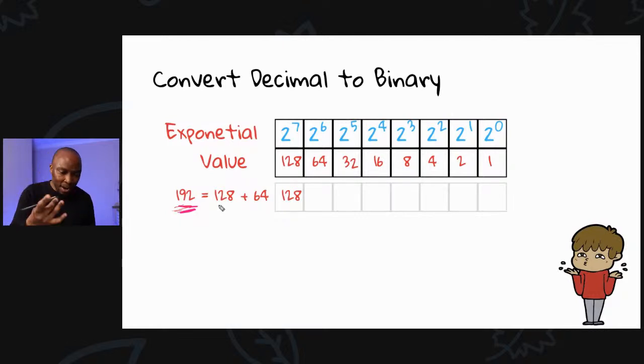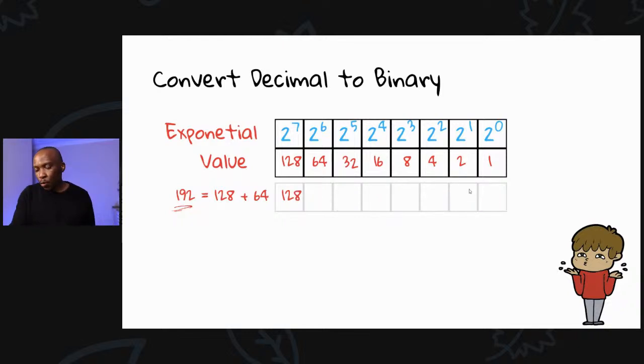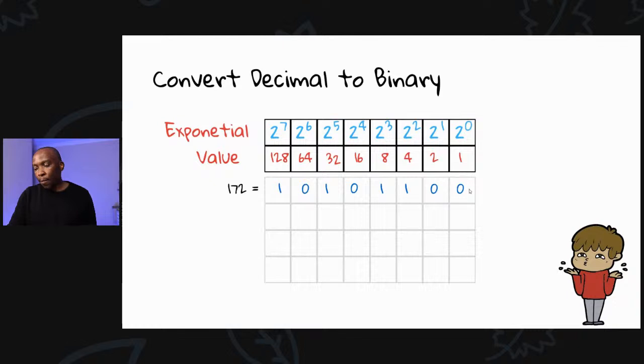And we said earlier on, you put ones under the values that you need and zeros on the rest. And that's how you convert from decimal to binary. So this is our conversion from the decimal to binary.